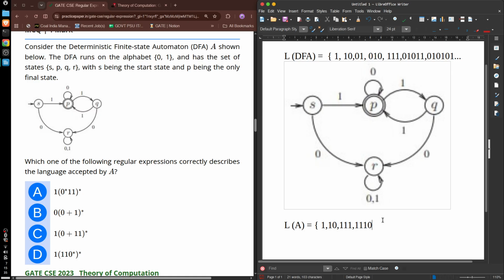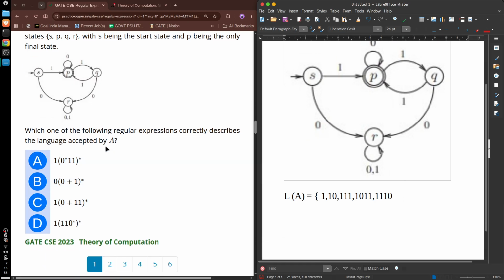That is accepted, and if we go with 1 0 1 1, that is accepted as well, right? So these are the sequences accepted by this DFA.